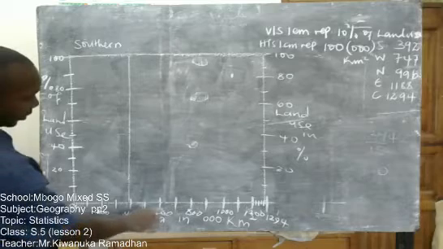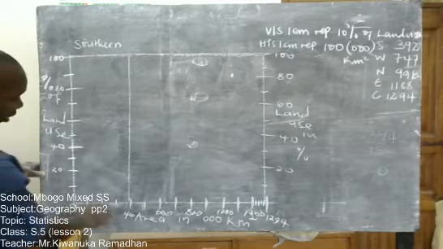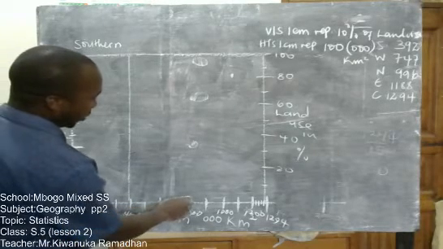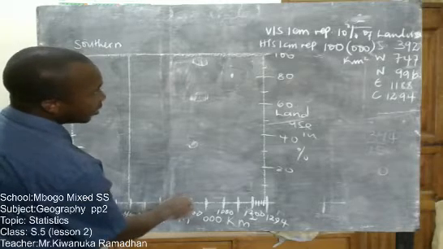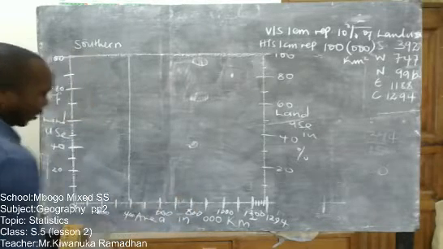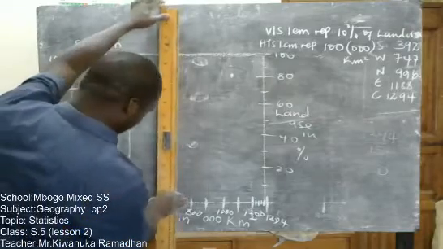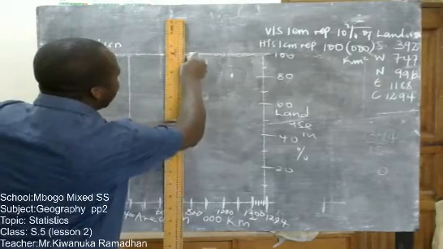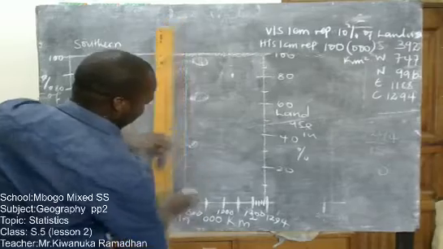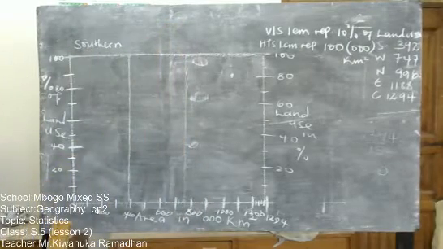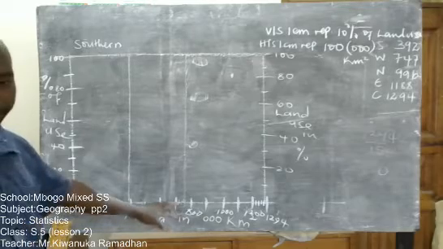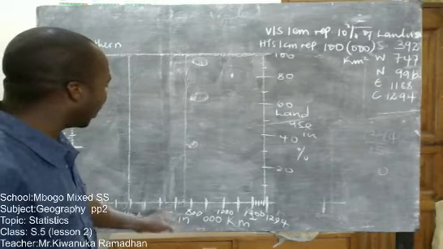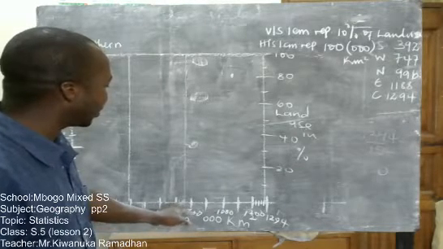Then we go to western, 747. This is 100, 200, 300, 400, 500, 600, 700, 20, 40, 60. So 47 is there. How many small boxes have we considered after 700? Yes, here we have considered 720, that is one box.